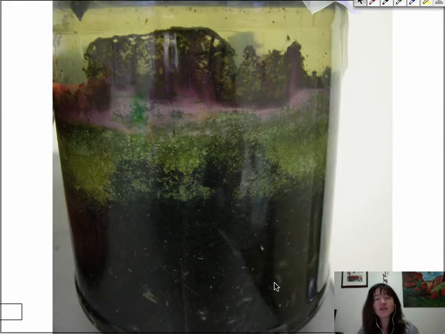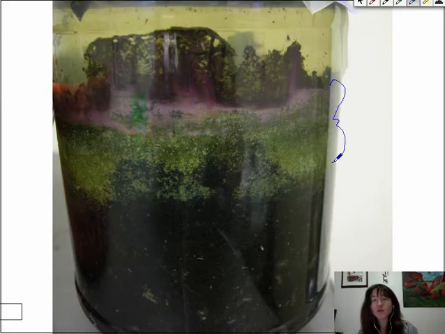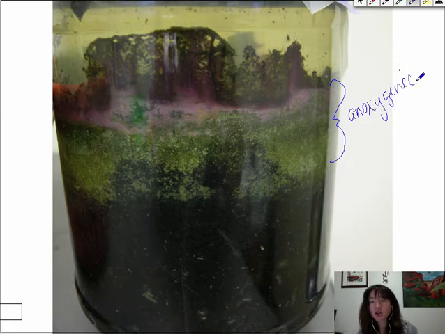We can see down in the very bottom a lot of anaerobically respiring and or just overarchingly fermentative bacteria. Then we get these lines right here, and these lines here are anoxygenic phototrophs. That is, they don't use water as their source of electrons, but they do use something else.